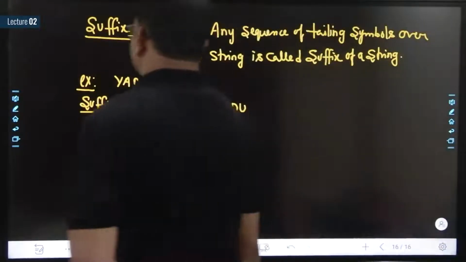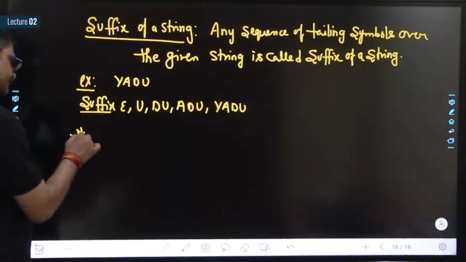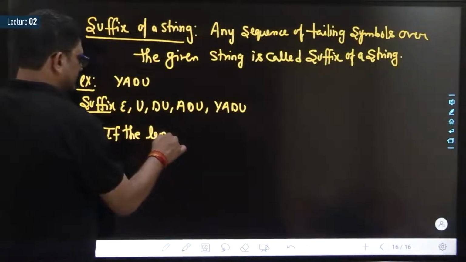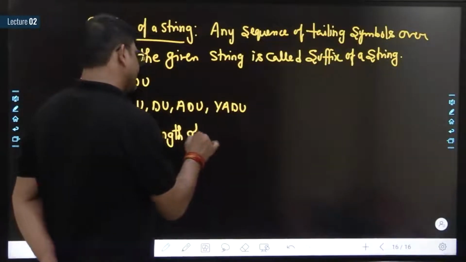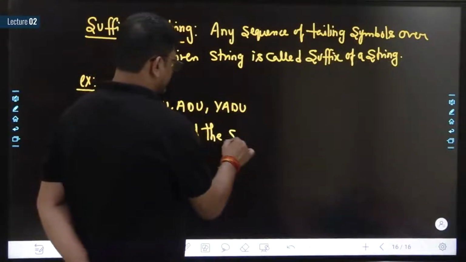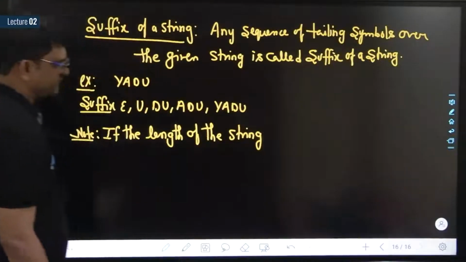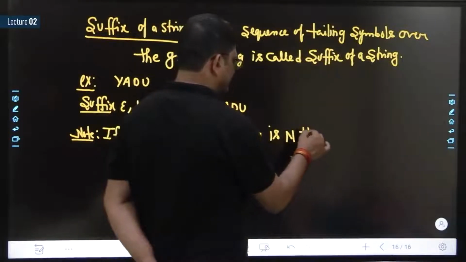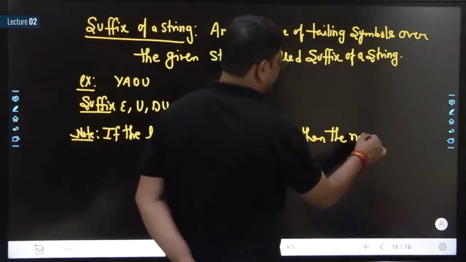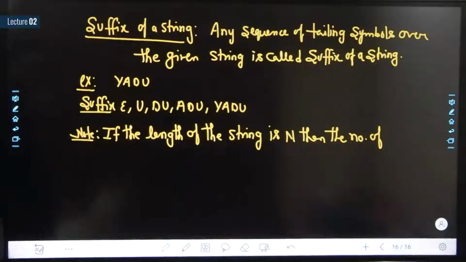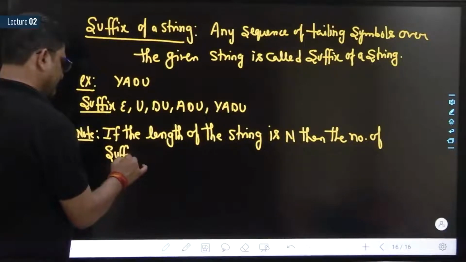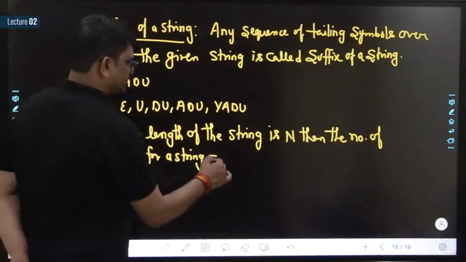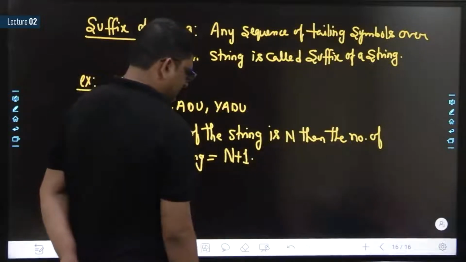Note: if the length of the string is n, then the number of suffixes for a string equals n plus 1. Clear?